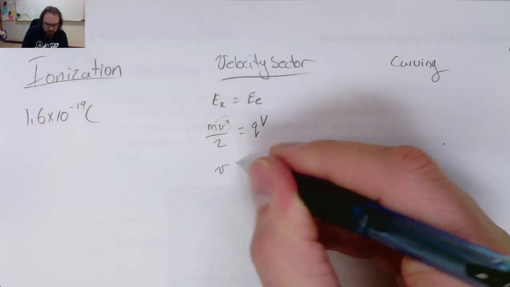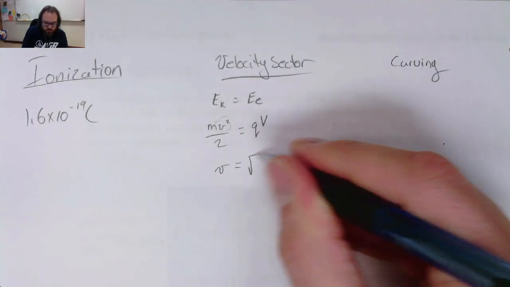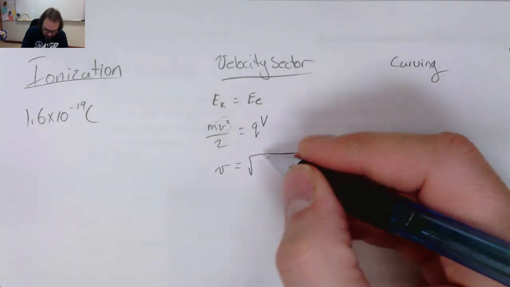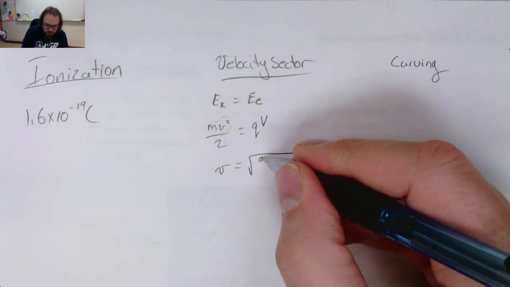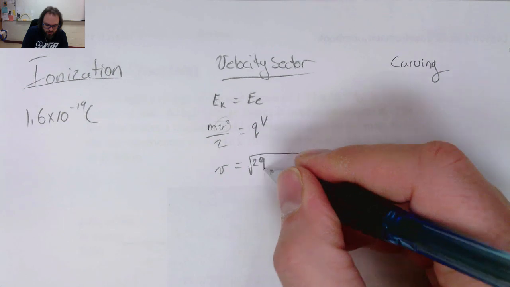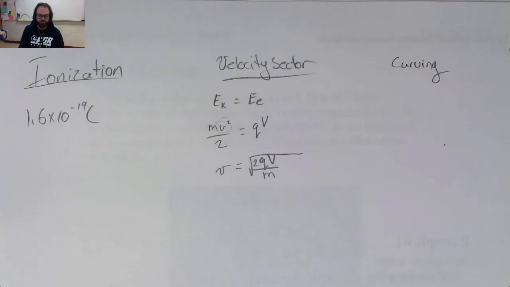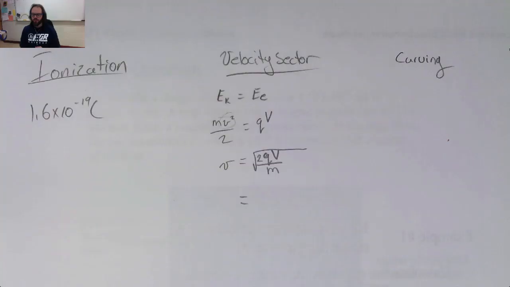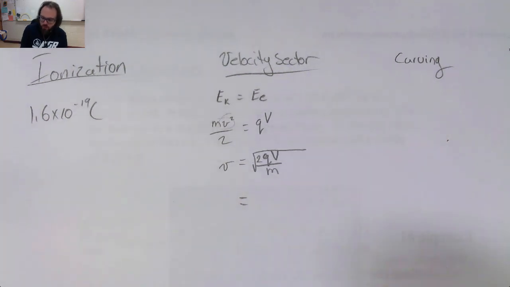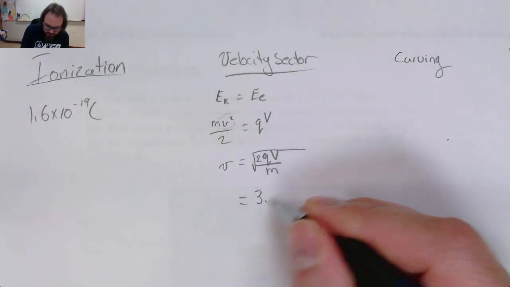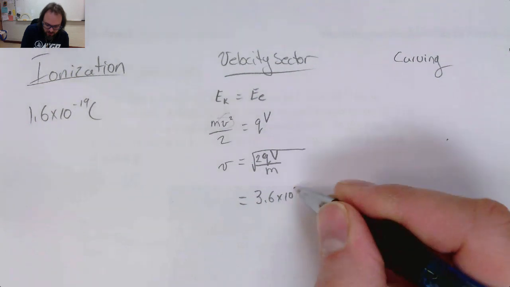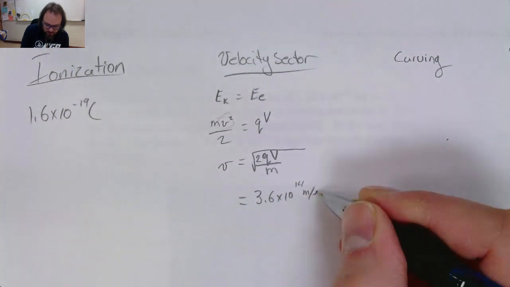So my velocity is going to be equal to the square root of 2 times my charge multiplied by my volts, all divided by my mass. All right? Now, I'm going to calculate this. When I plug this into my calculator and put all my variables in, I'm going to get something like 3.6 times 10 to the 14 meters per second.